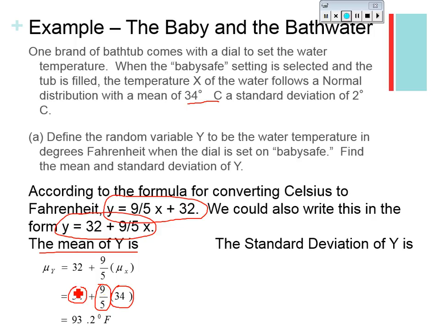The reason is that the mean is affected by both multiplication and by adding and subtracting. So the mean of the new temperature in Fahrenheit would be 93.2 degrees Fahrenheit.